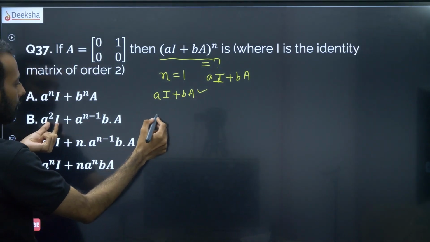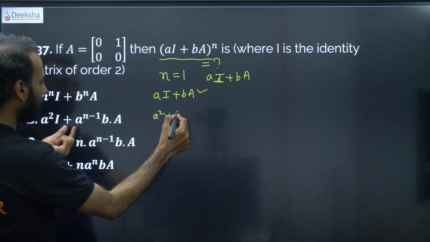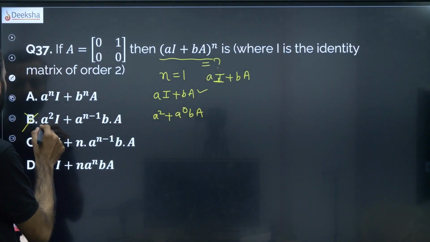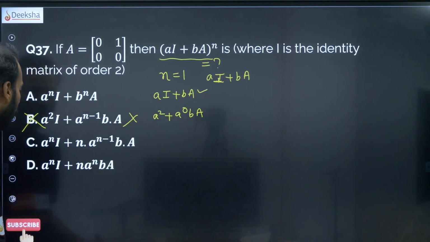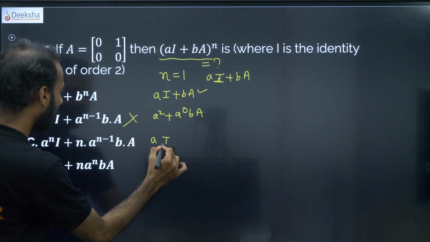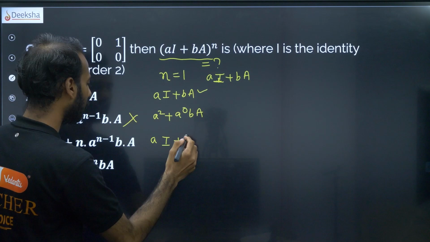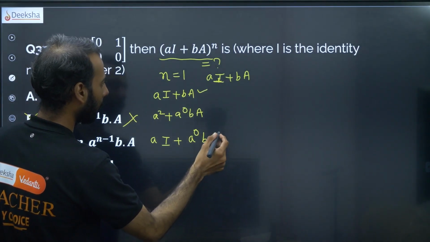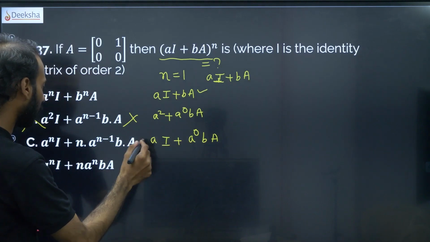A square, see here, this is A square plus A0BA. Since it is A square, eliminate this wrong option. Next, C, AI plus N; in place of N, 1, N minus 1, 0, BA. So AI plus B A, here it is also one possibility.